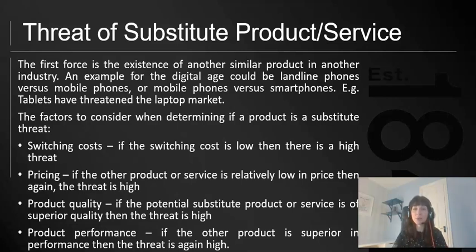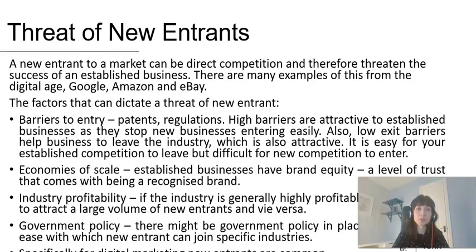Is a tablet less expensive than a laptop? In which case, it's going to be more attractive, especially if we only need it for a limited function. We need to look at the quality, both in terms of the product, but their performance as well, to ensure that the better the quality of our substitute, the more likely people are to switch to it. So you're not just looking at direct competition, you're looking at what else is on the market.